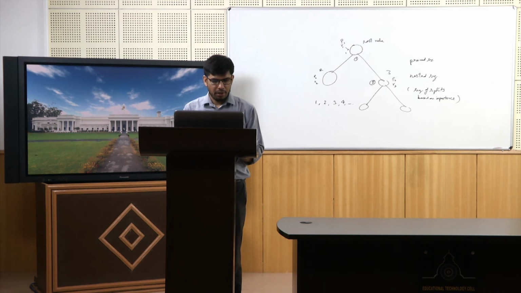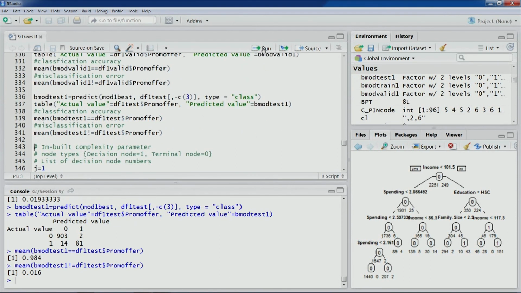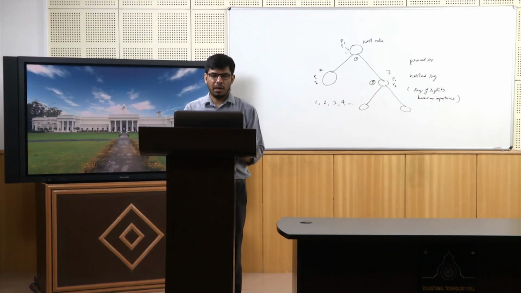If we look at the performance on the test partition, that is 98, that is even better. So you can see the best pruned tree is performing quite well on new data. However, again I would like to remind, we have not followed the actual process to arrive at this best pruned tree. That actual process we will do in a later lecture.